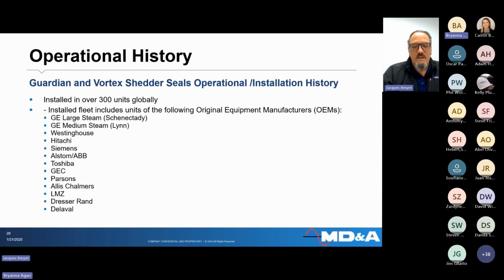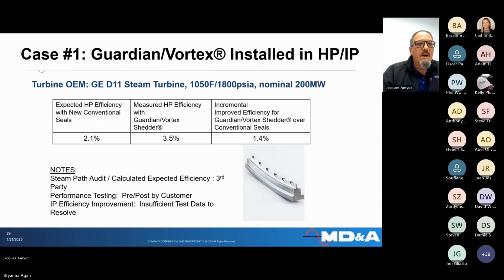I'm not saying that it can be installed everywhere, but we know what we need to do to install it in a specific unit and whether it's a possibility. That's part of the review process when we quote Guardian Vortex Seals, whether we can do it or not.